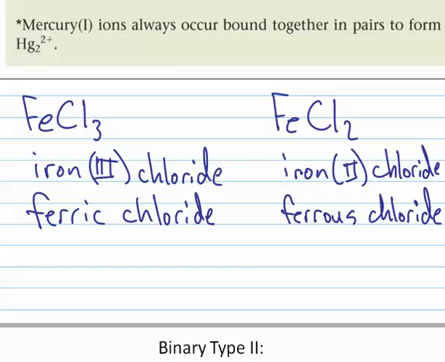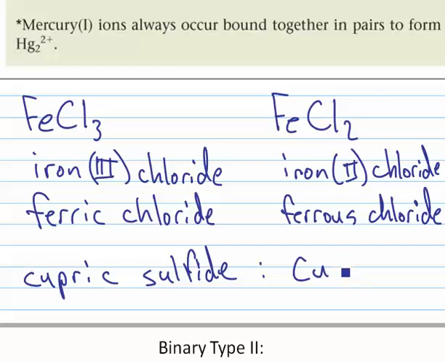Okay, so for example, if we saw the name cupric sulfide, right, we would know that that -ic ending indicates the higher oxidation state, which in the case of copper is our +2 ion. And so we would know that this formula, knowing that sulfide is a -2 ion, would have the formula of CuS.